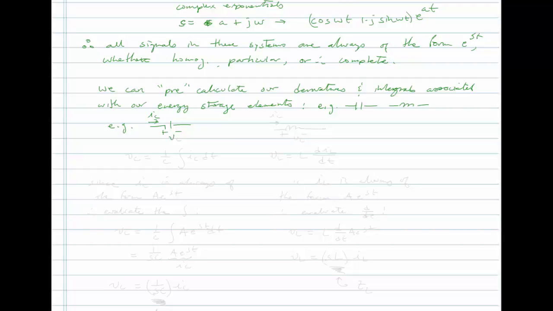We know that Vc is equal to 1 over C integral of Ic dt. And we know that for the inductor we have IL and VL, so VL is equal to L dIL/dt.